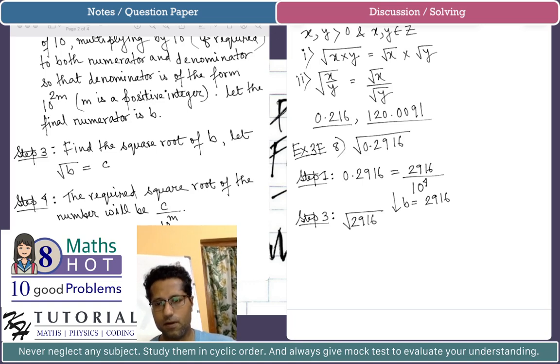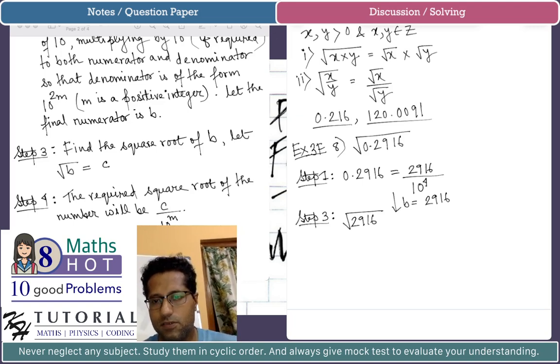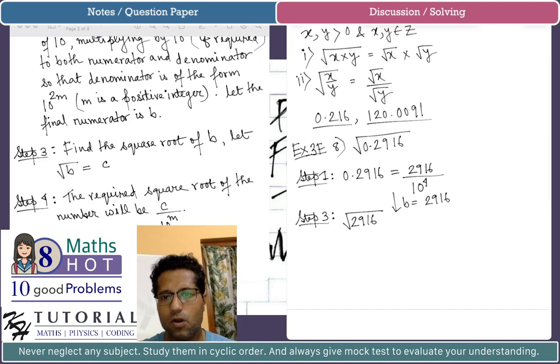If you know the number has to be a perfect square, then you can use prime factorization. So I am using the long division method.